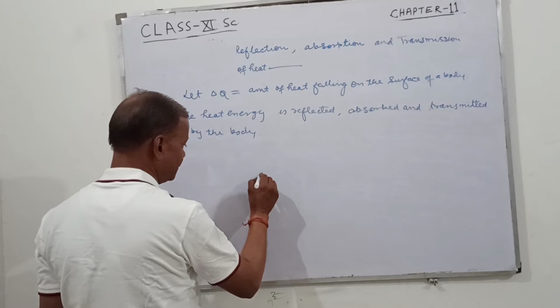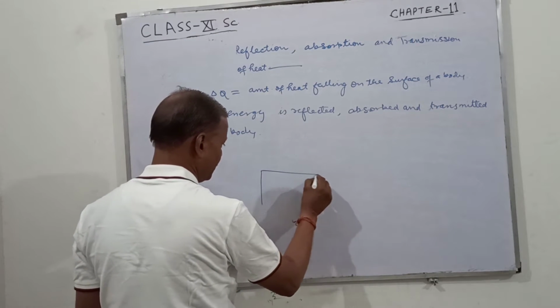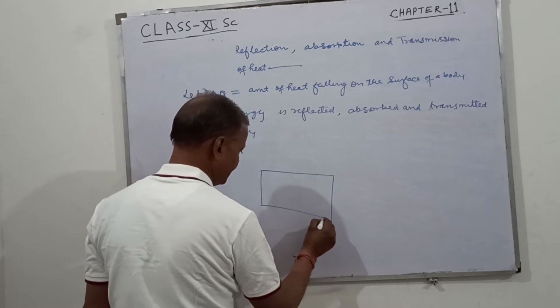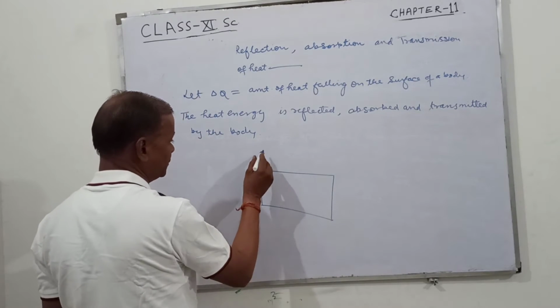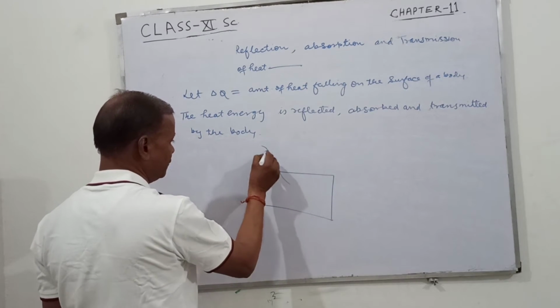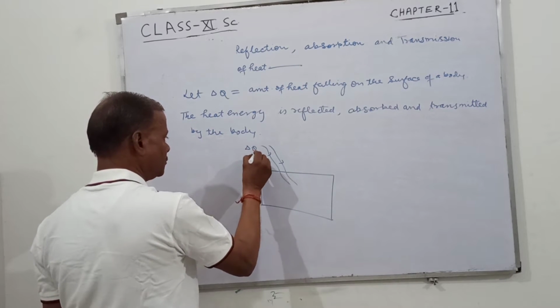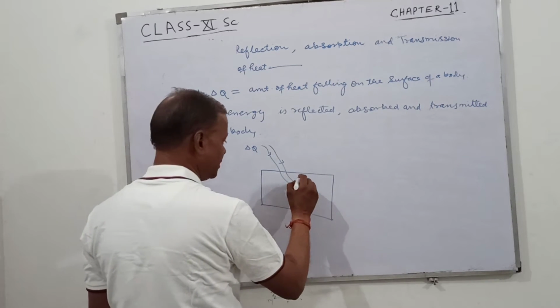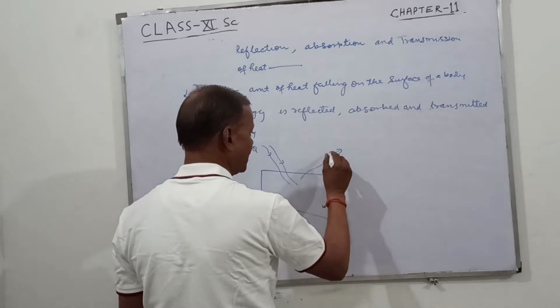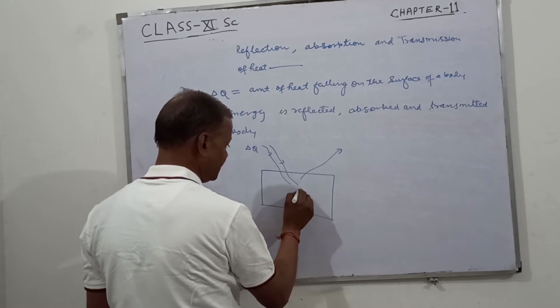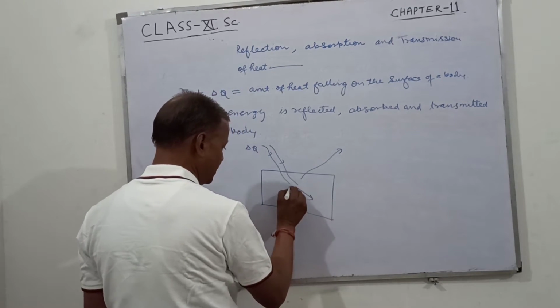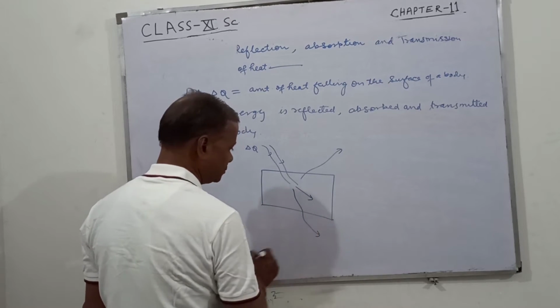Suppose here we have a body, and suppose some heat radiation is falling on it. This is delta Q. Some of it will be reflected, some of it will be absorbed, and some of it will go out.